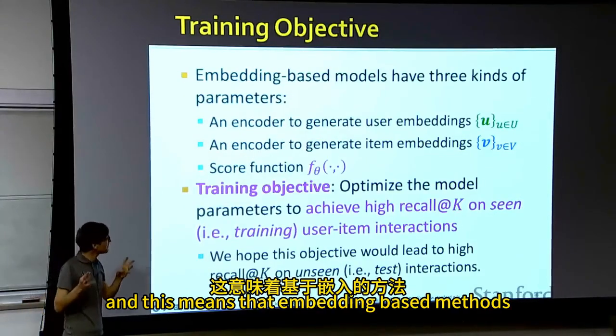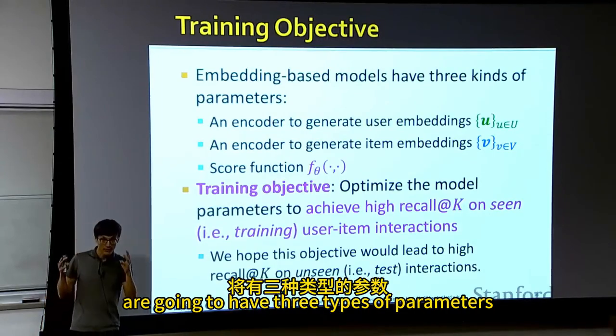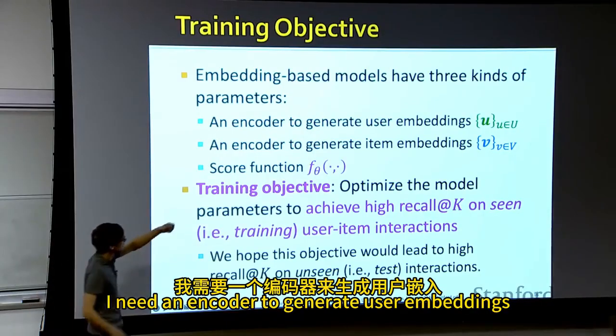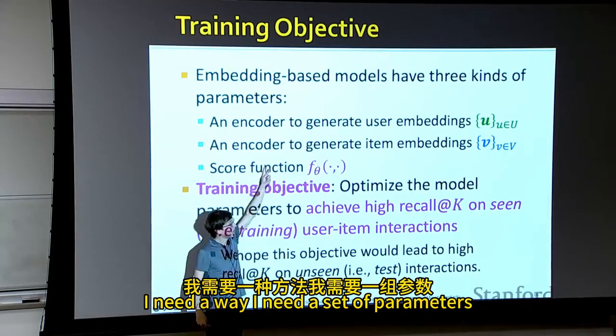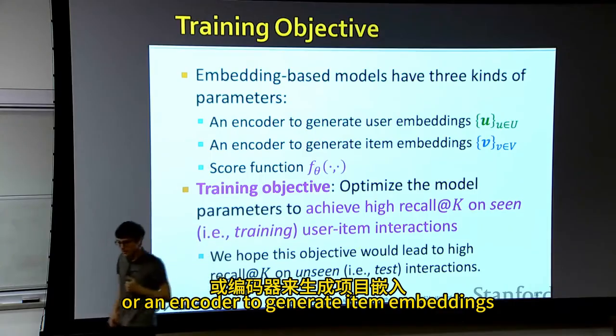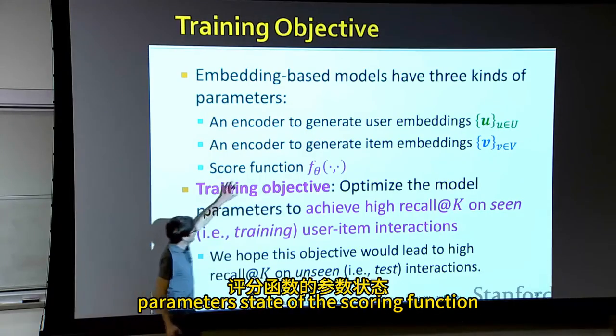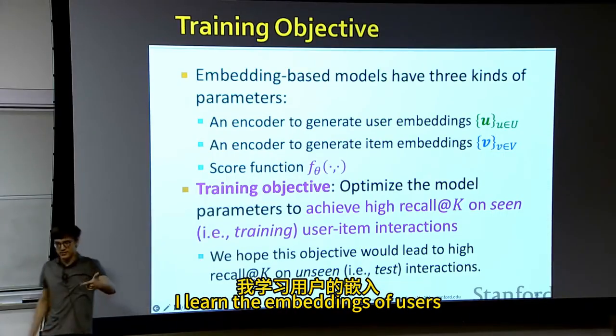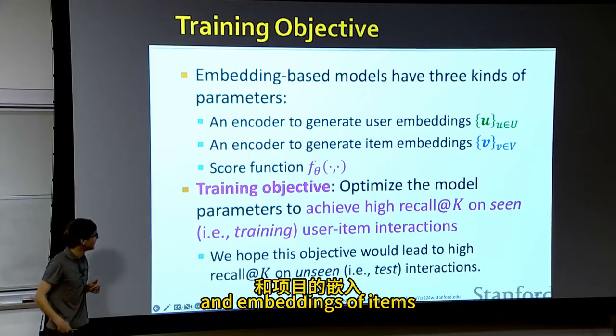And this means that embedding-based methods are going to have three types of parameters that I'll need to learn or estimate. I need an encoder to generate user embeddings. I need a set of parameters or an encoder to generate item embeddings. And then I also need parameters theta of this scoring function. So I learn a scoring function, the embeddings of users and the embeddings of items.